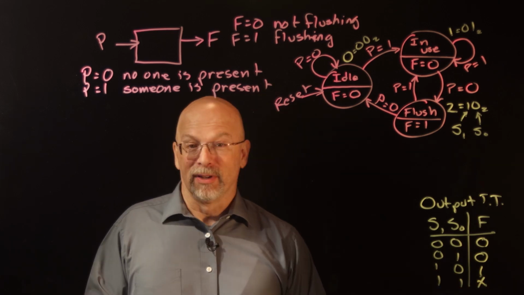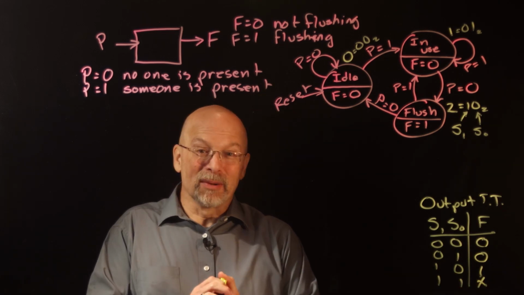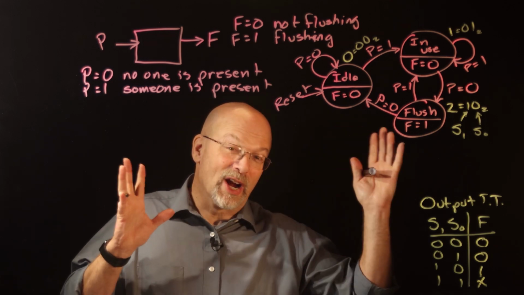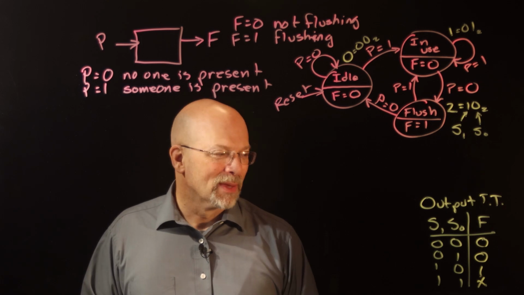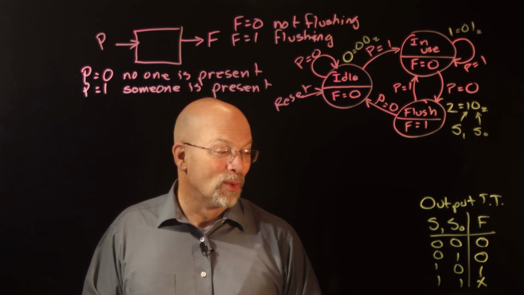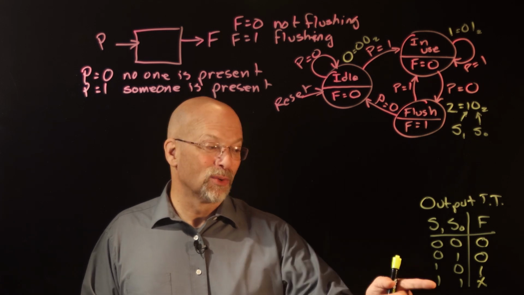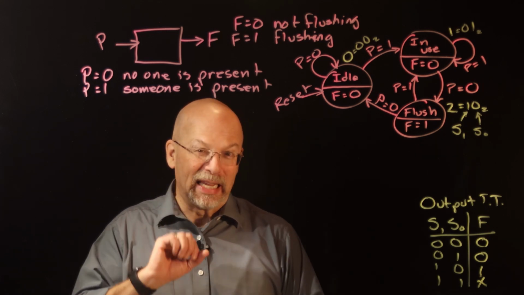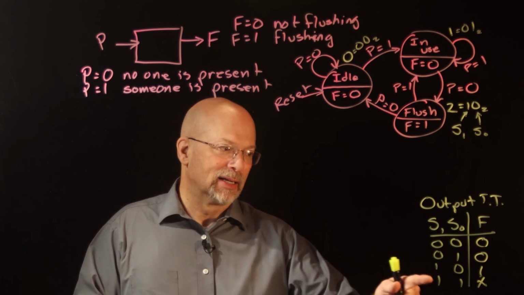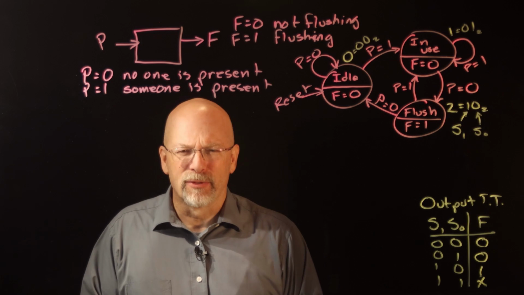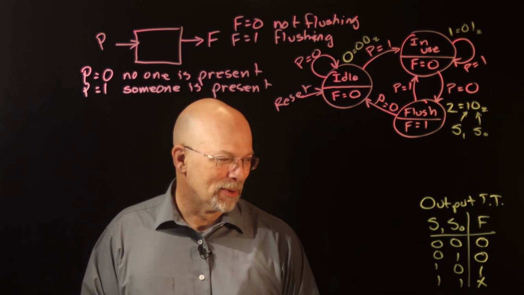Hopefully, we should never go to that state, unless there's some sort of glitch, maybe a stray gamma ray hit one of our flip-flops and changed both of them to a 1, 1. We really are not going to need to worry about this state. We'll make sure we can get out of it if we accidentally get into state 1, 1, but that's a job for our next state truth table.